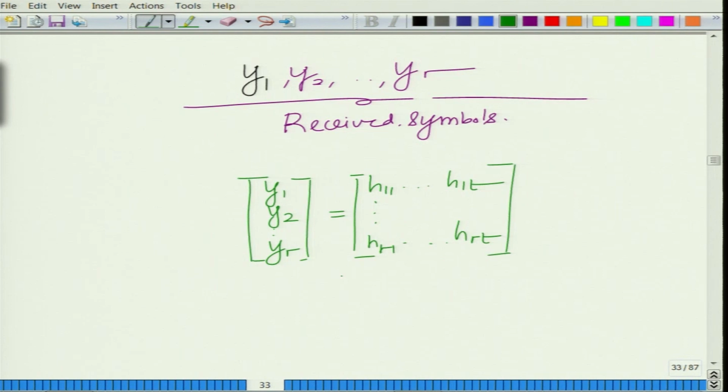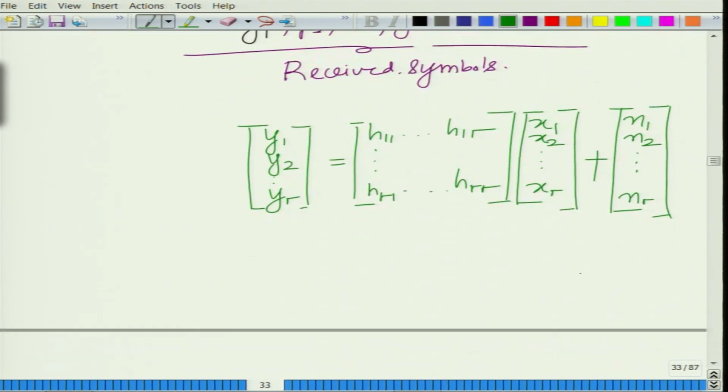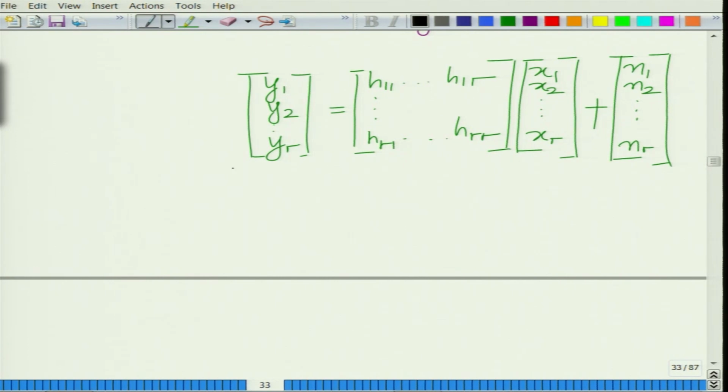This is your R cross, oh, in this case I am sorry, this is an R cross R channel matrix, right, and this is your x1, x2, xr, plus you have your noise vector, this is your n1 to nr. So, this is essentially what we term as the MIMO system model.